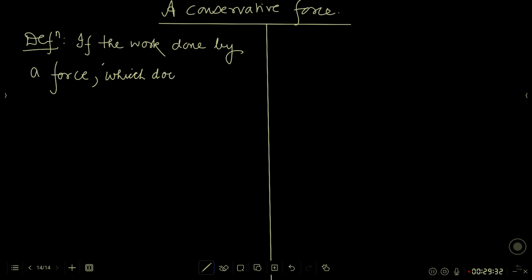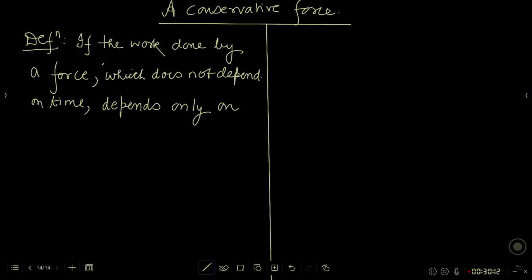So if the work done by a force depends only on the initial and the final locations of the particle on which it acts, it is called a conservative force.